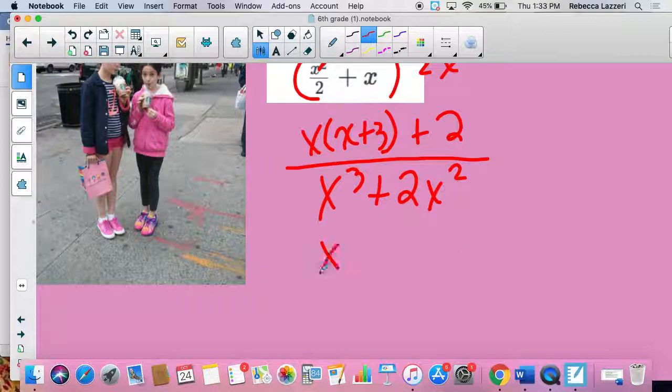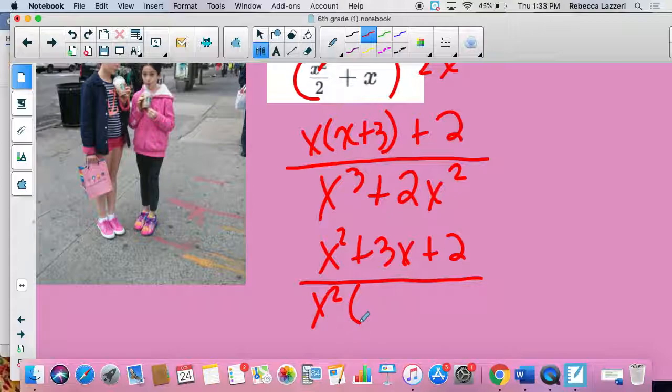So the top is X squared plus 3X plus 2. What is the bottom? What's your first rule in factoring? Take out the common, which is X squared, so that leaves me X plus 2. And so this is X plus 2, X plus 1.